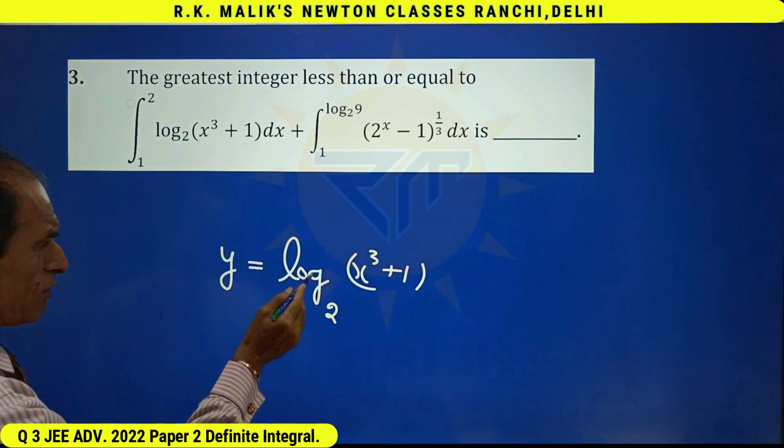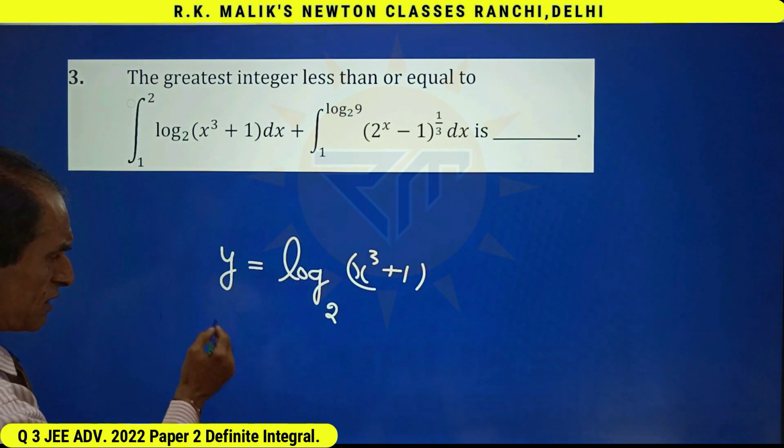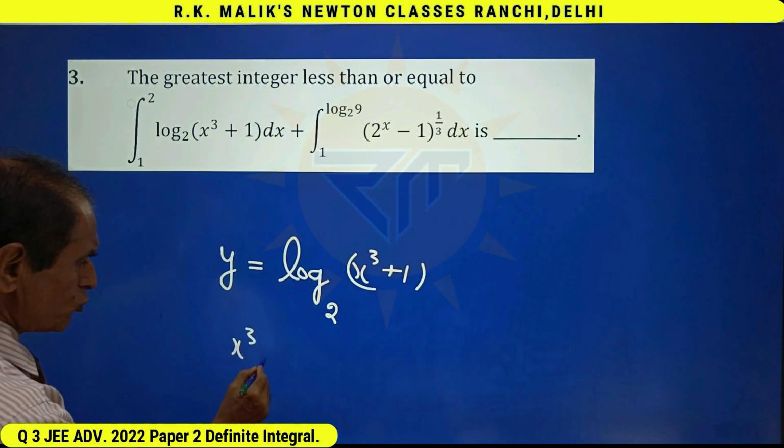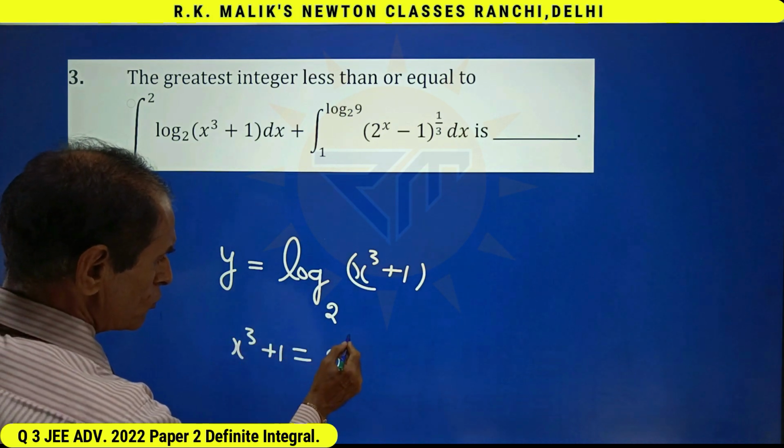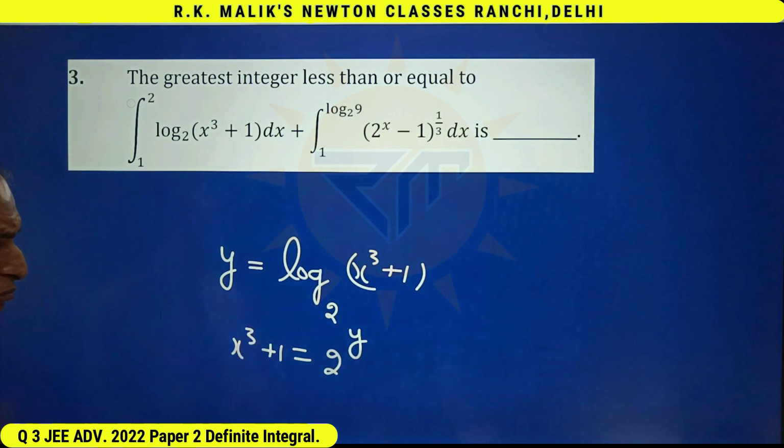See, to find the value of x in terms of y, the very first step will be x cube plus 1 is equal to 2 to the power y. This is by definition of log.